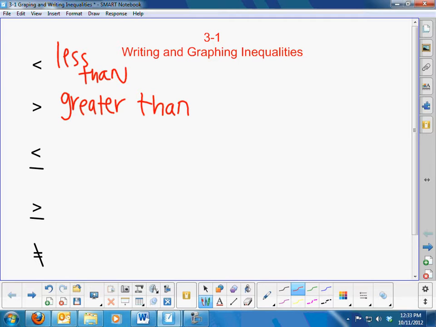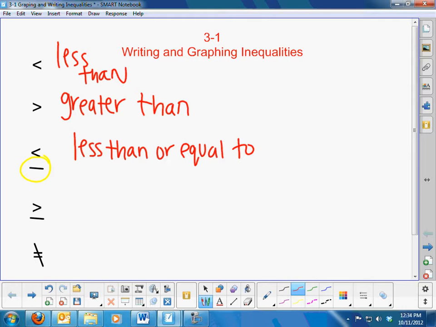Well, the way that those are different is in this little symbol right there, that little line. The line underneath the less than symbol means equal to. So what this symbol means is less than or equal to. So when we have the line underneath an inequality symbol, that means equal to. Less than or equal to.